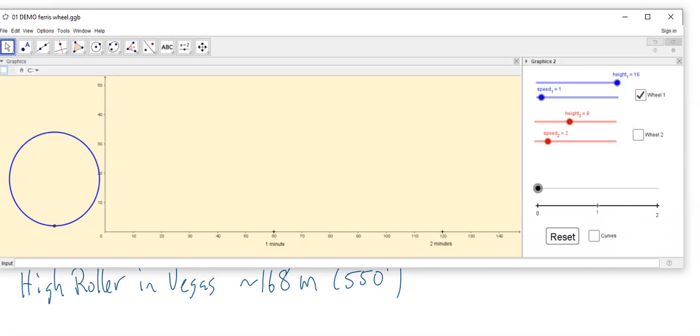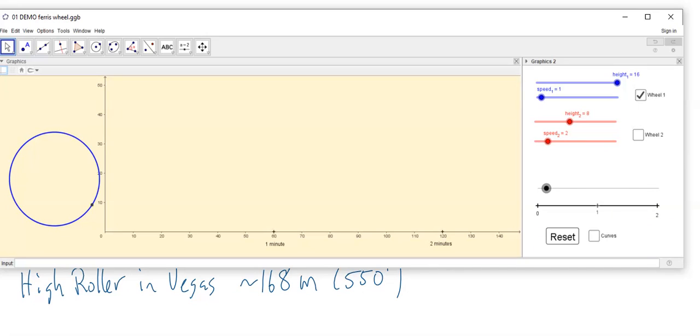Same idea. So imagine you're starting at the bottom. Time goes forward, right? The dot goes backwards because it's going around the Ferris wheel. But on a graph, time always moves forwards. So as time moves forwards, the person's going to get higher and then lower. And at 1 minute, they're going to be back to that minimum position and then back up again and then back down again.